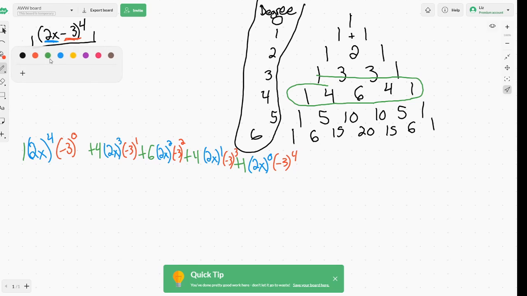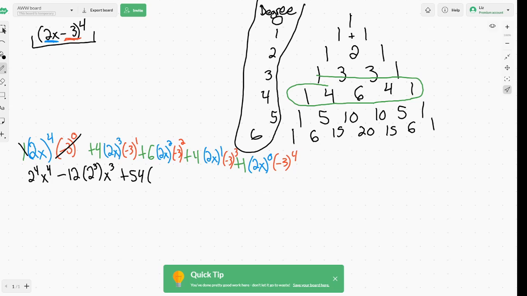Now I need to simplify this. 1 is just 1. We don't really need to add it in there. Negative 3 to the 0 power, anything raised to the 0 power is 1. So I have 2x to the 4th. So I need to raise 2 to the 4th power and x to the 4th power. All right, so negative 3 times 4 is negative 12. And then we're multiplying it by 2 to the 3rd power, x to the 3rd power. Negative 3 squared, that's 9. 9 times 6 is 54.